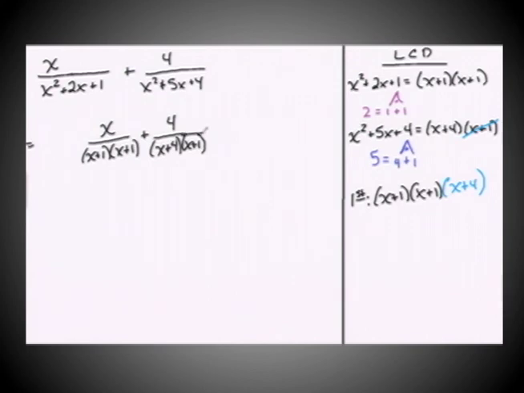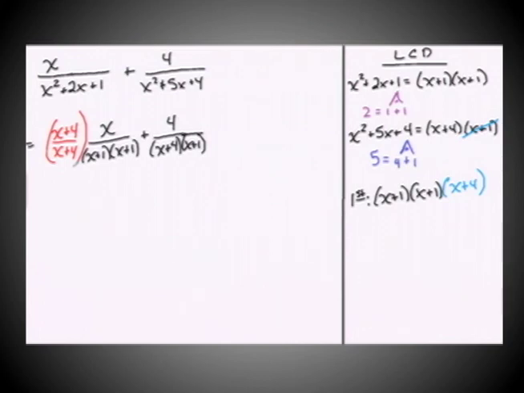All right, so we need to make equivalent expressions here. So we're going to multiply by our clever form of 1. And in this first term, we need a factor of x plus 4. So we're going to multiply by 1 in the form of x plus 4 over x plus 4.